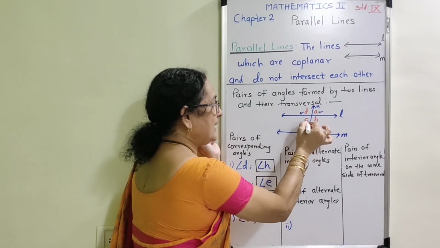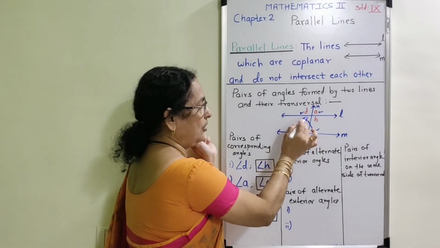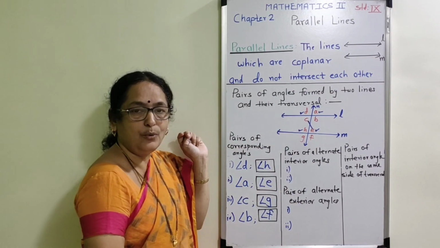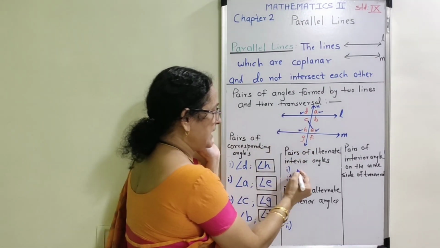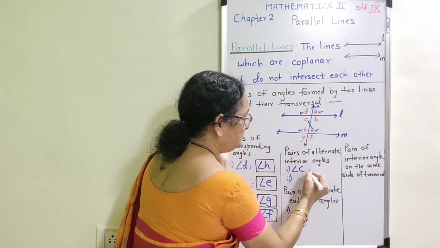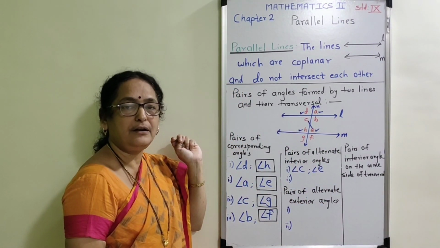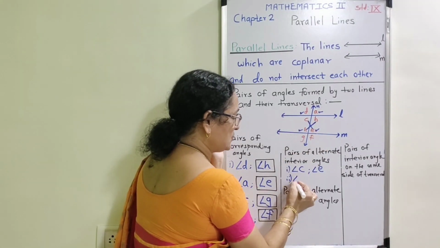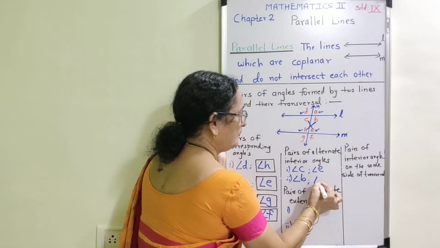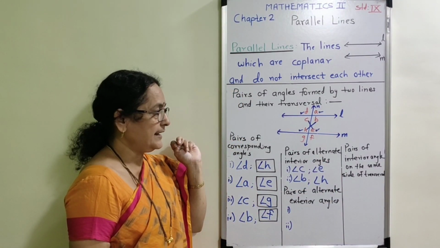Now if I take the angles on opposite sides of the transversal and at the opposite position, angle C and angle E is the first pair of interior alternate angles. Similarly, angle B and angle H is the second pair of interior alternate angles.